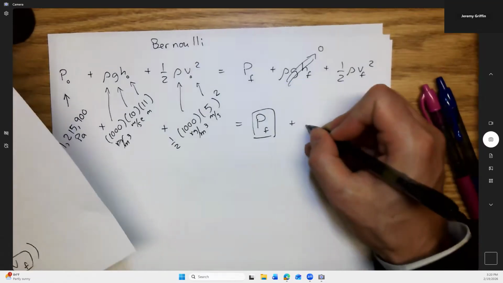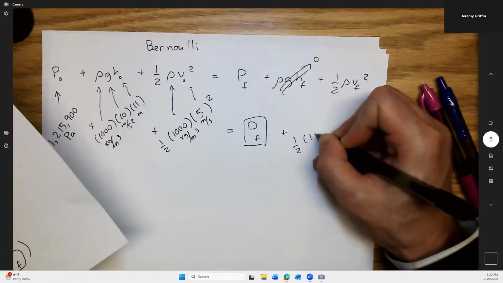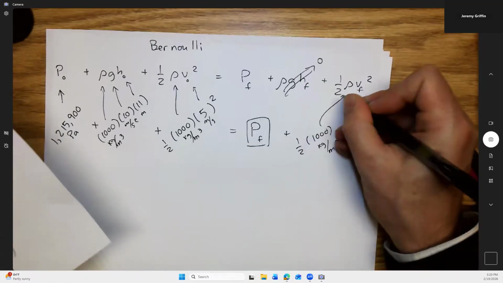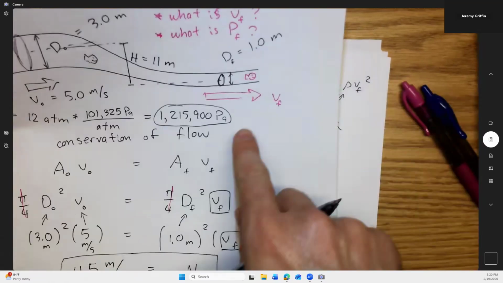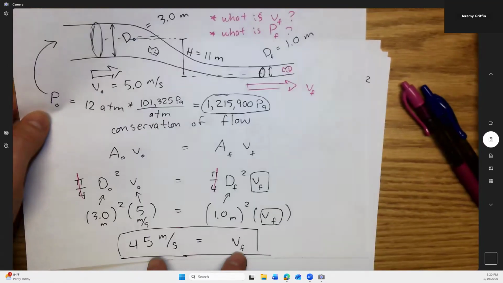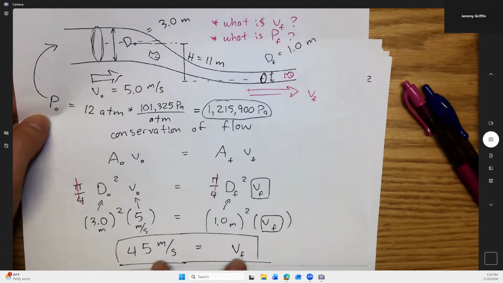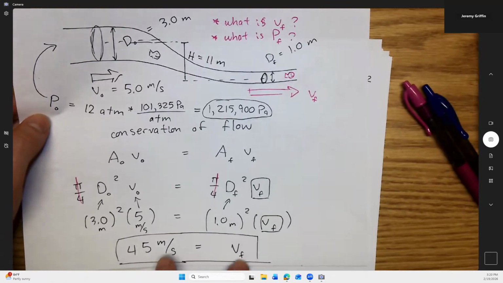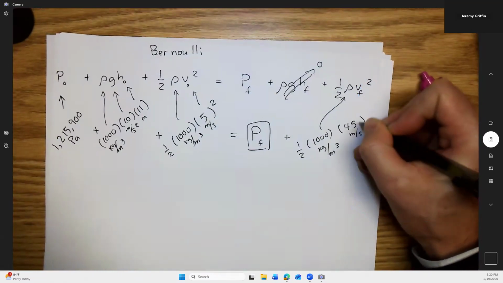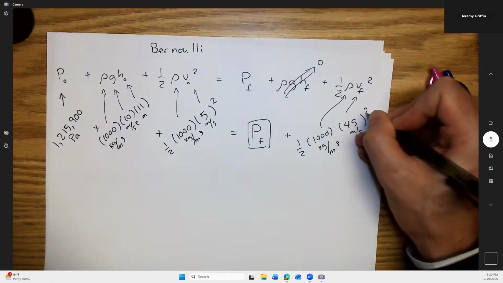So plus 1/2 density of water, 1,000 kilograms per cubic meter, and the speed of the water here is what we got from conservation of flow. Remember, we got 45 meters per second. Now we get to apply that right here. 45 meters per second, and don't forget to square that.